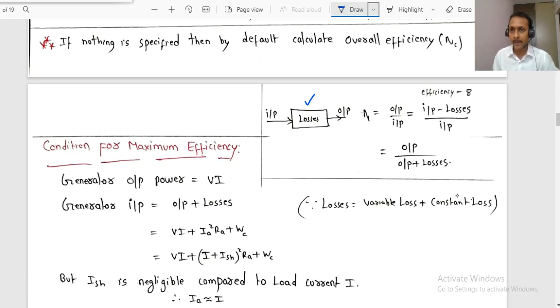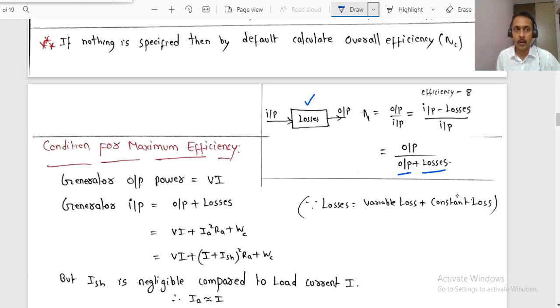Or your input is nothing but the amount of power that is wasted or lost plus the output available. So input can also be written as output plus losses, or output can also be written as input minus losses. All these three are okay.